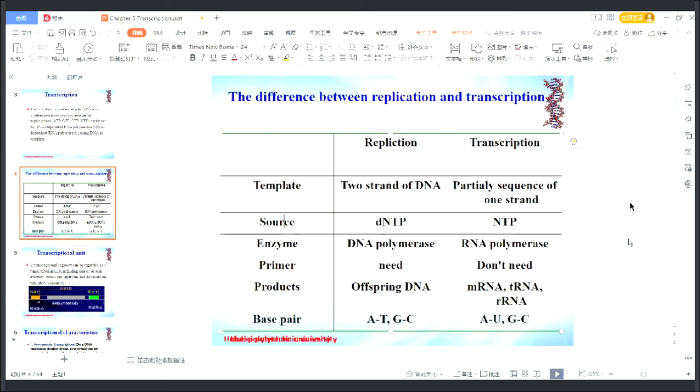So when we started the replication, we learned the DNA replication needs the primer to synthesize the offspring DNA.